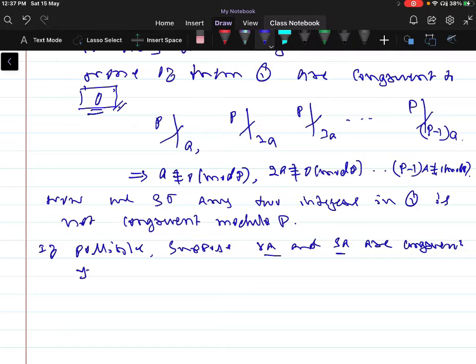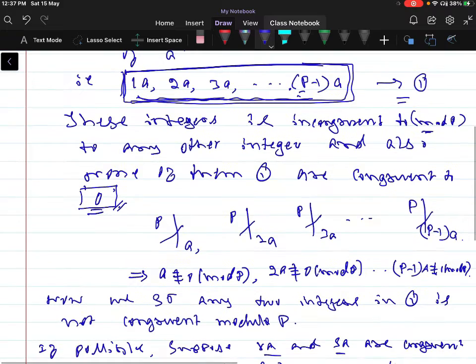So then we can write RA is congruent to SA modulo p, where 1 less than or equal to r less than s less than or equal to p minus 1. So r and s lie between 1 and p minus 1, where ra and sa also lie between 1a and p minus 1 into a.